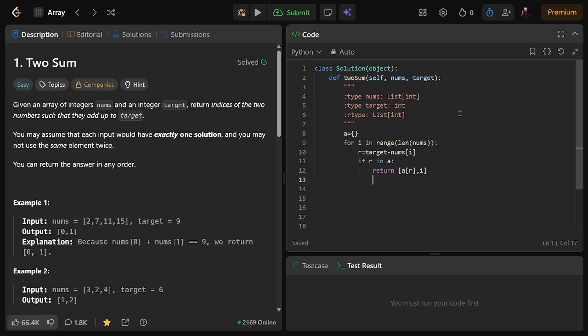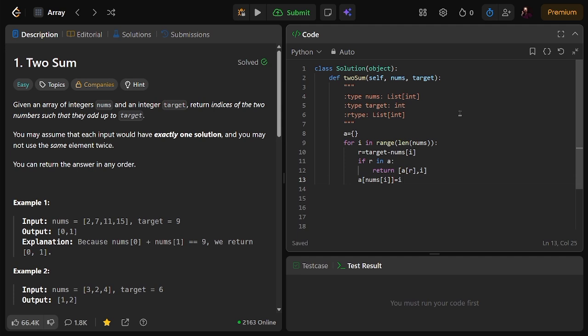And every time we have to add the elements to our dictionary, so let's add the element with its index as its value.